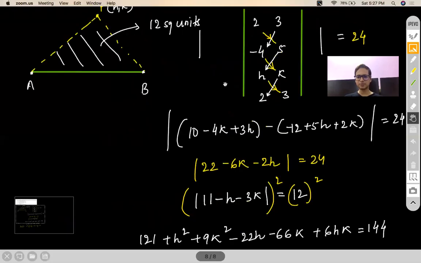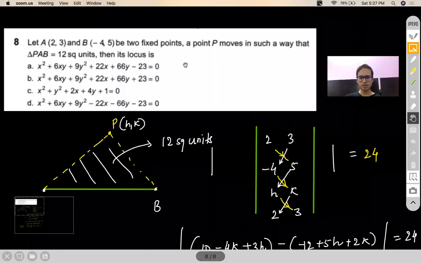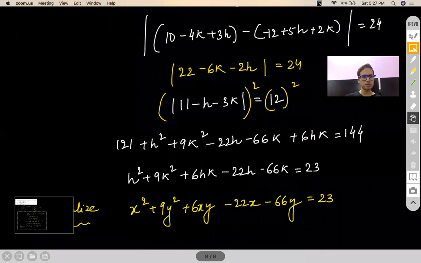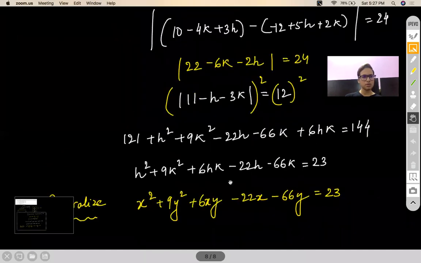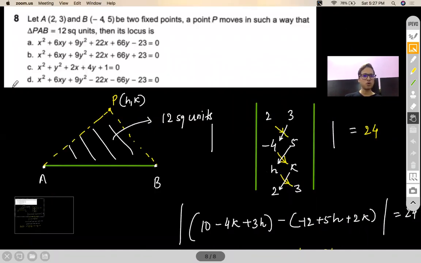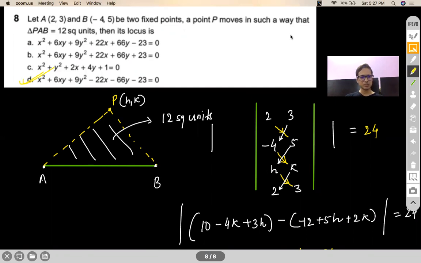Let's check. It's D. Oh, it's D. Janta, what was your answer? Oh, Janta went for B. Janta was incorrect. Option D was correct. So Pranav was correct. Absolutely, Pranav. Very good.